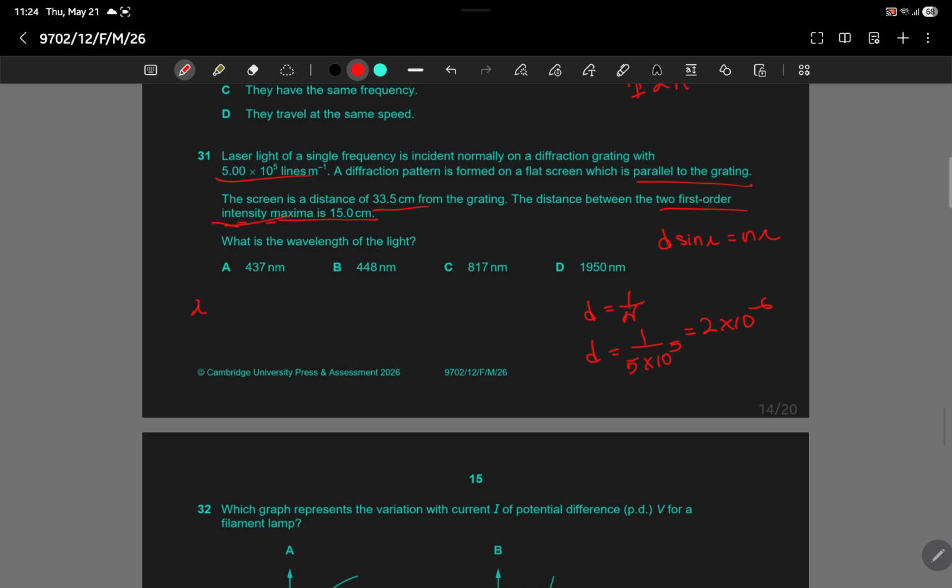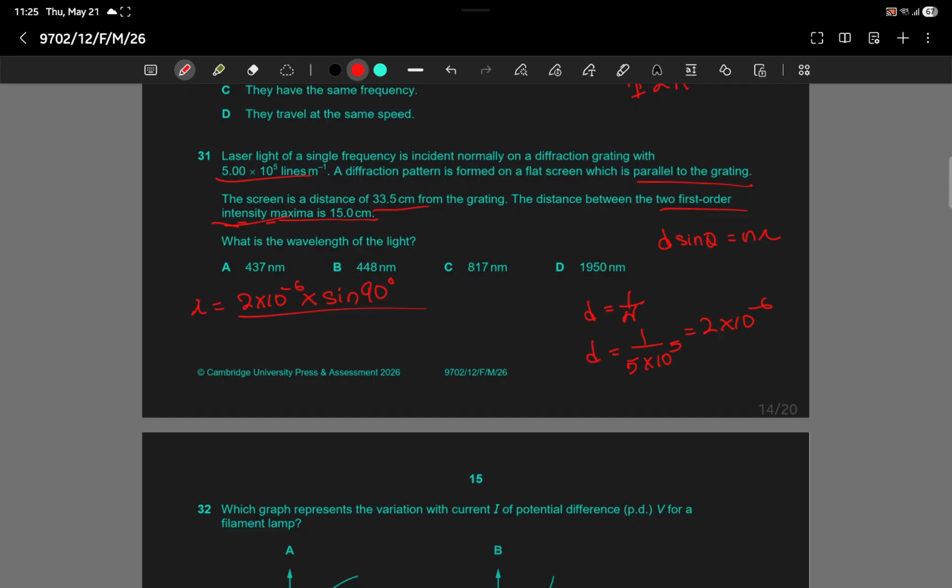So what is lambda? Lambda equals 2 into 10 to the power minus 6 into sine theta. It's incident normally, so we can just write this 90 degrees divided by n.